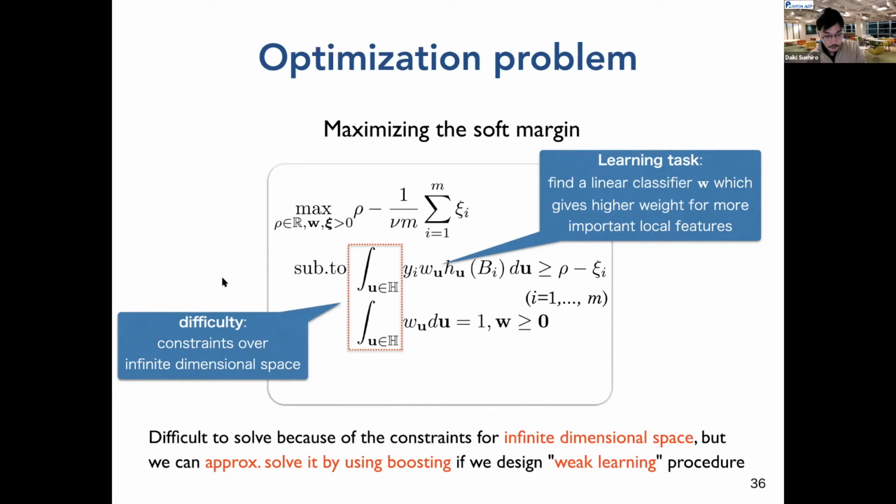And the main difficulty in this problem is that we need to solve with the constraints for infinite dimensional space. But fortunately, we can approximately solve this problem by using a boosting technique if we design a weak learning procedure.